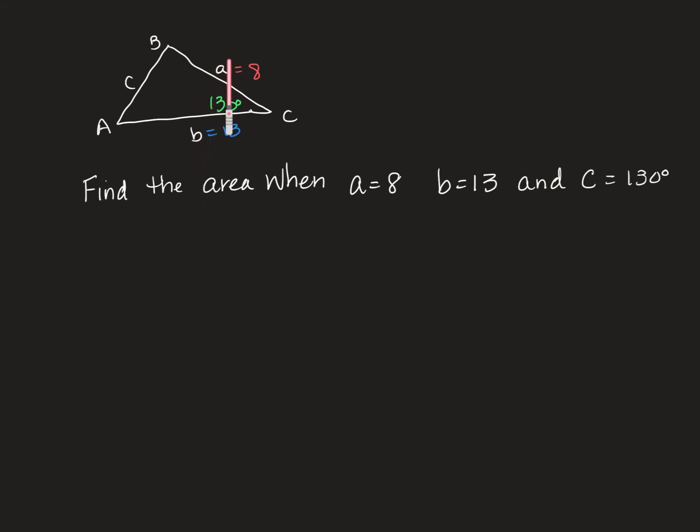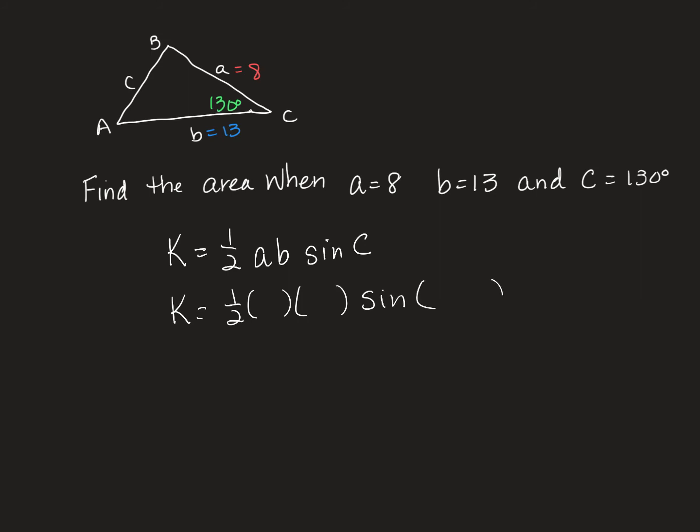So again, I have 2 sides and the angle in between them. So my formula is going to be K, and why they use K as area, I don't know, but they use K, is 1/2 ab sine of C. So K equals 1/2, a is 8, b is 13, and my angle is 130 degrees. You're going to type that right into your calculator.